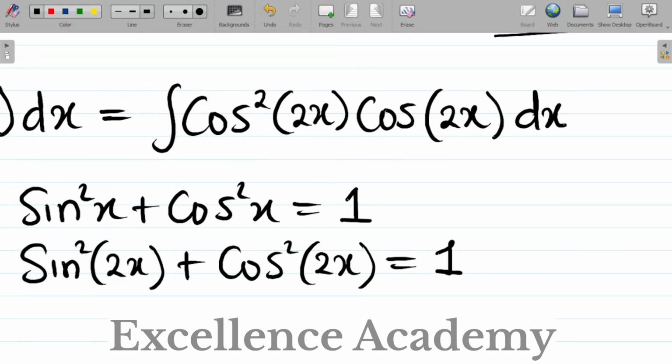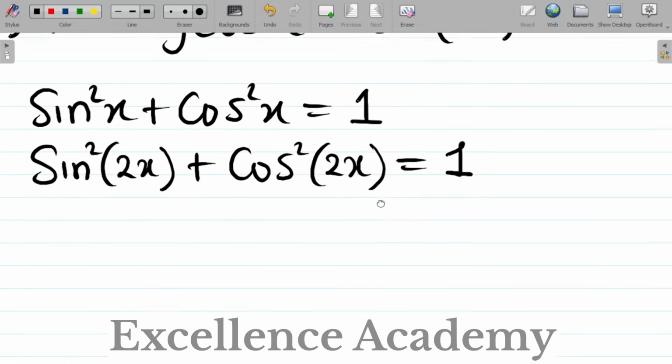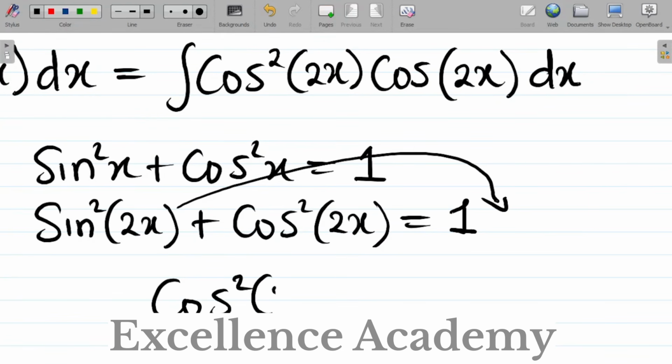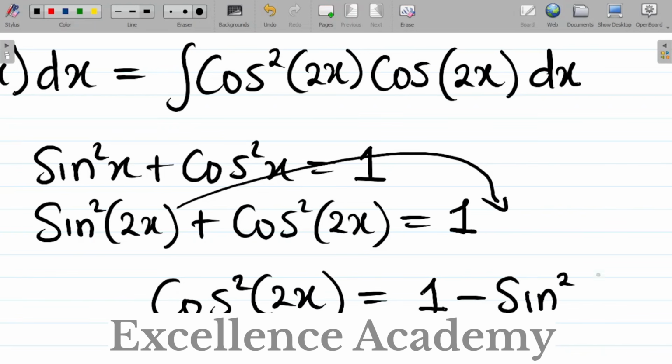From here, what's the value of cos squared 2x? If I move sine squared 2x over here, you have that cos squared 2x is equal to 1 minus sine squared 2x.